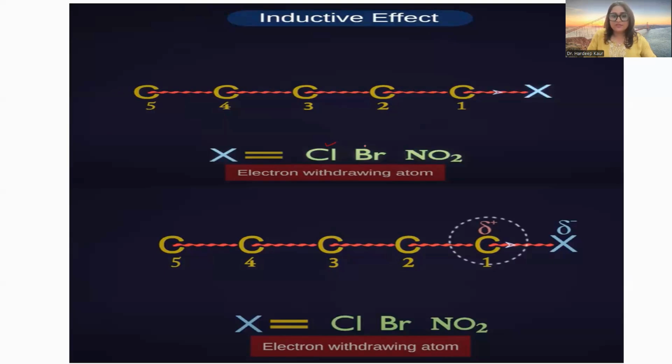This chlorine, it can be bromine or the nitro group. So if X is an electron withdrawing group, it will attract the electrons from this sigma bond. So the electrons are going to be displaced. So it generates a delta negative charge on the electronegative atom, but a delta positive charge on the other carbon atom.